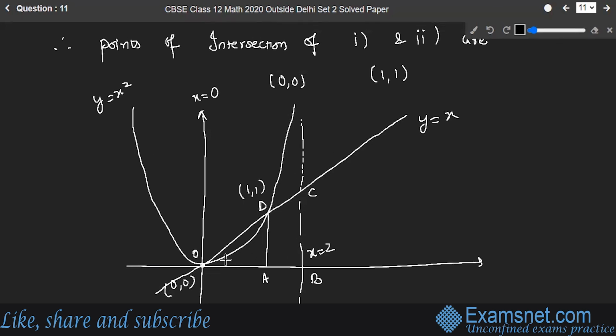Now what we need to find out is this shaded region, this particular region.